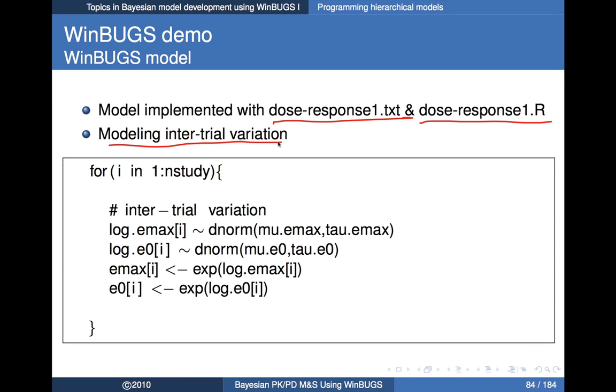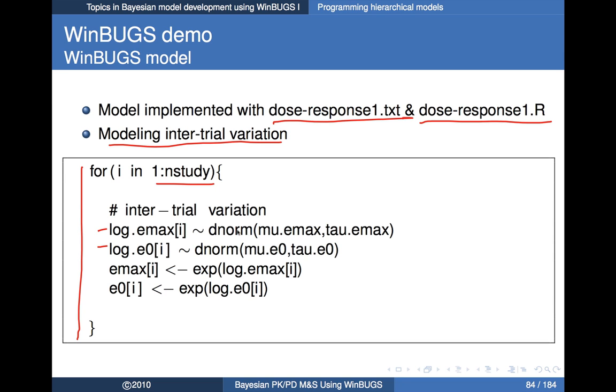First step, we're going to model our inter-trial variation, and we do that by putting it within a loop that loops over all of our studies. You can see the way this is written, nstudy has to be defined somewhere, probably in the data set. In our case, that's going to be a 5. So we need to generate our inter-trial variation in both our Emax and our E0. We're doing log normal distributions, and as I had commented before, I've usually found it more successful to use the transformed variables like this rather than using the dlnorm distribution within BUGS.